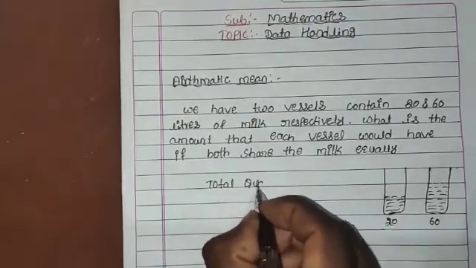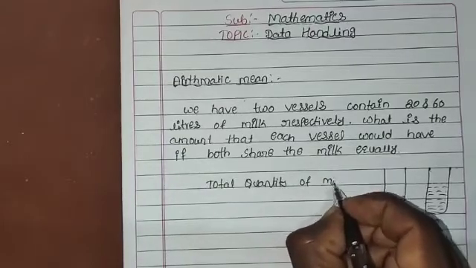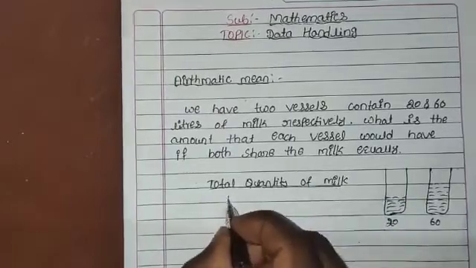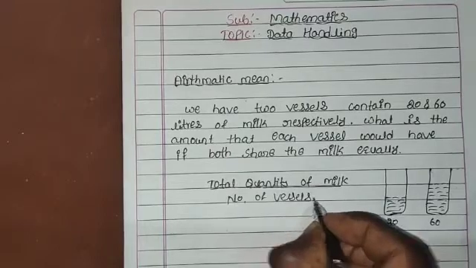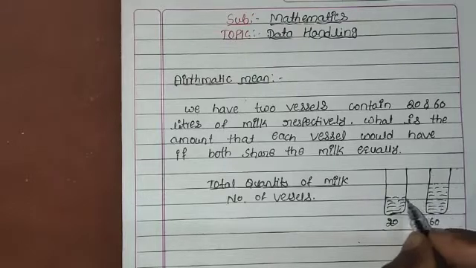Total quantity of milk divided by number of vessels gives the amount of milk in each vessel.